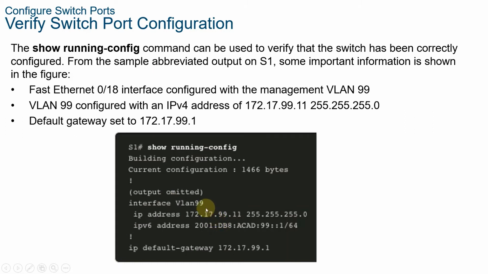VLAN 99 is configured with an IPv4 address 172.17.99.11 with subnet mask 255.255.255.0, or /24. The default gateway is set at 172.17.99.1. So if you want to see all the configurations set on the switch, you just have to type in show run.